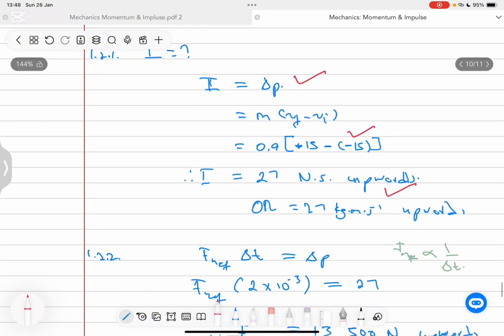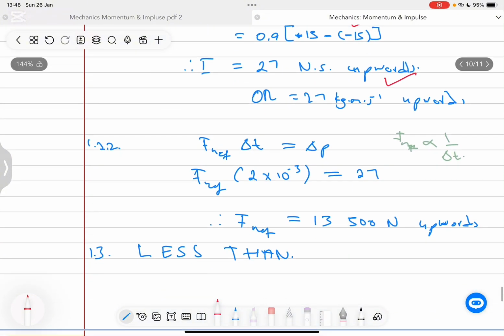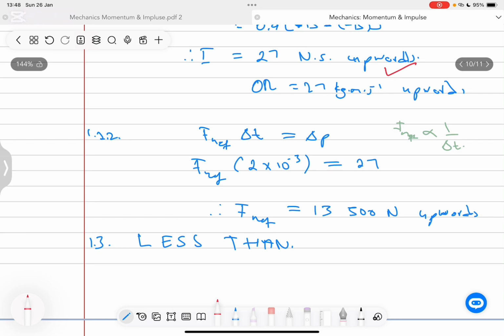Then you'll also get a mark for writing the final answer and the direction. Here you'll also get 1 mark for the formula and another mark for the correct substitution. Then you'll get the 3rd mark for writing the answer together with the direction. And the last question is just 1 mark.